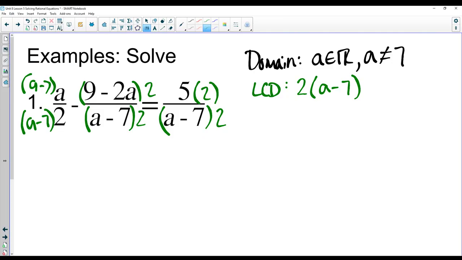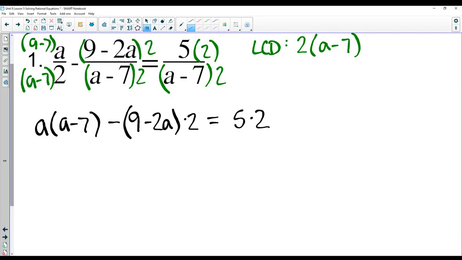We've already stated the restrictions on the domain, which deals with the denominator. So we've done as much as we can with the denominator, with stating the restrictions and the LCD. So we're focusing on the numerator now. So this is the numerator after applying the LCD. Now we're going to simplify this as much as we can.